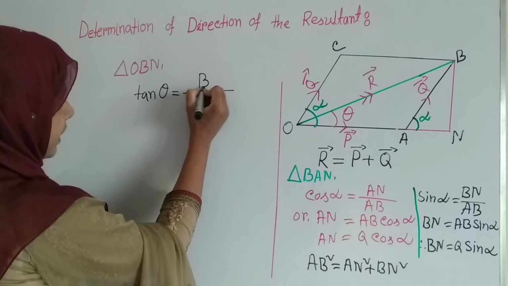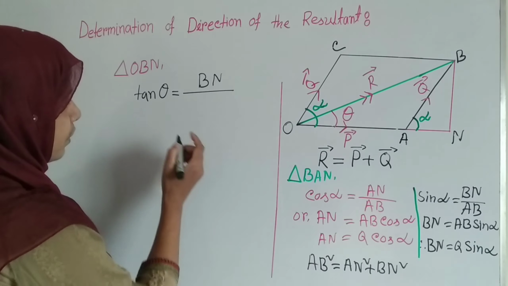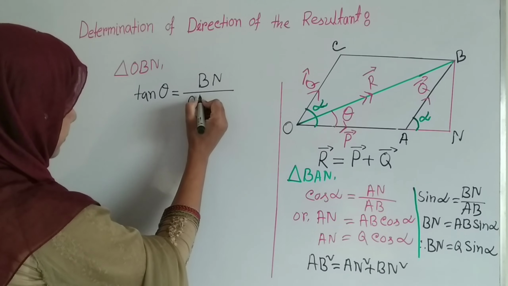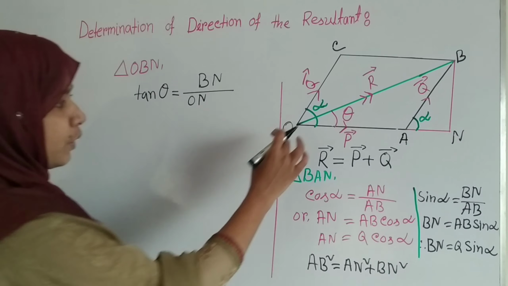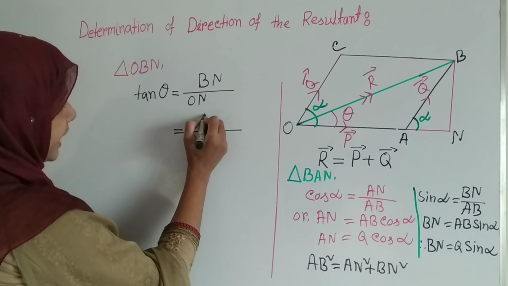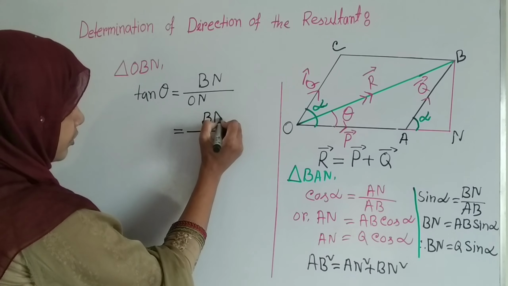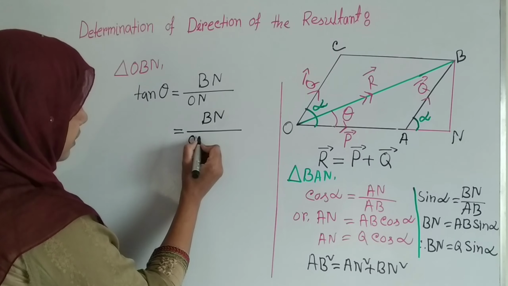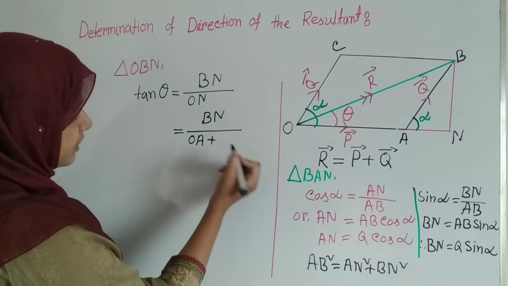Here perpendicular is BN and base is ON, and ON means OA plus AN. So we write BN by OA plus AN.